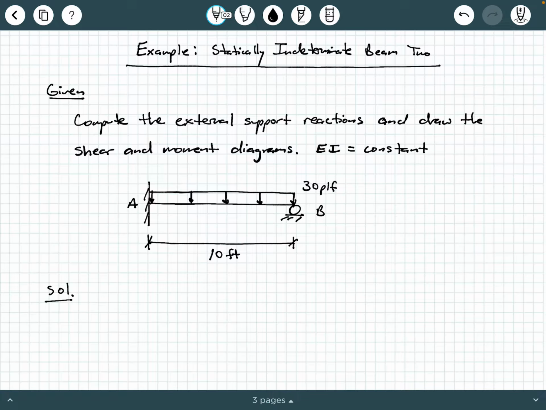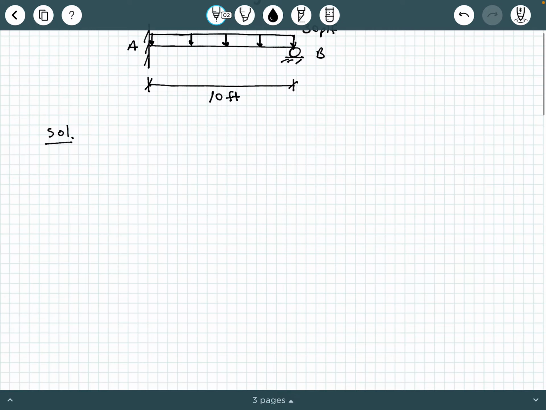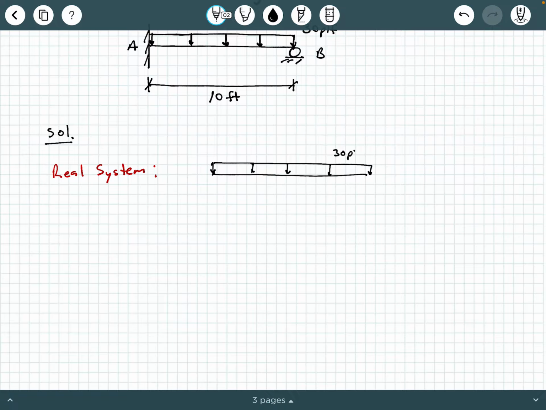The first thing we're going to do is draw the real system, okay? When we draw this real system, we're going to be able to clearly see just how and why this system is statically indeterminate. So I'm going to draw it as a free body diagram. We have the applied load here, that's the 30 PLF.